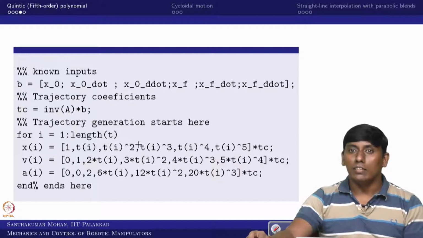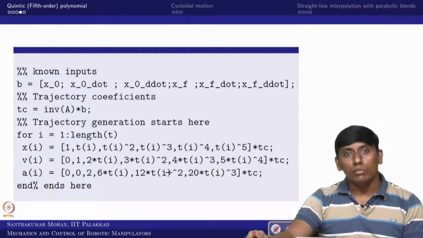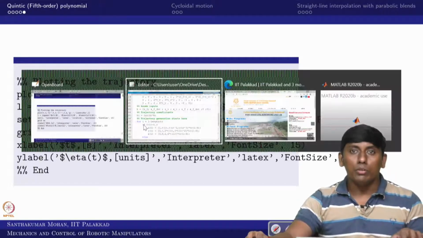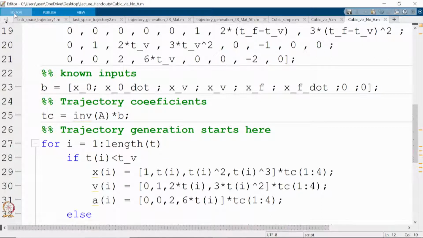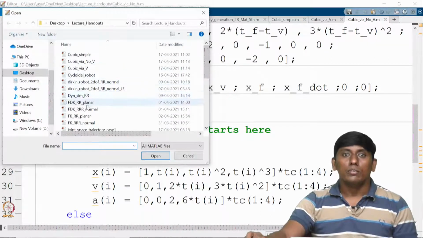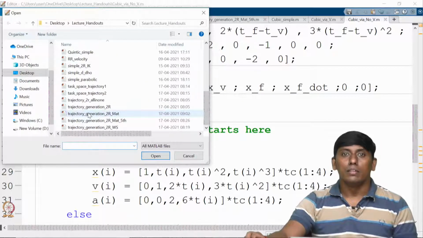You can see the position, velocity and acceleration, and we can use the same plotting function we have written in MATLAB. Now, in order to understand this, we go to the MATLAB window and I will show the fifth order polynomial.